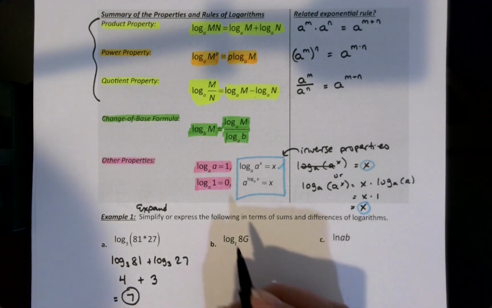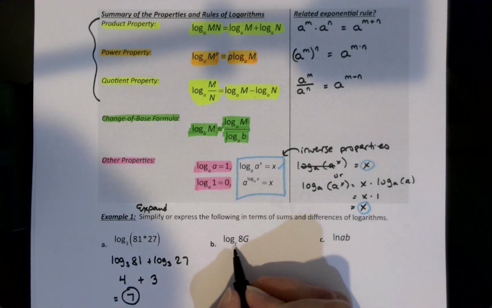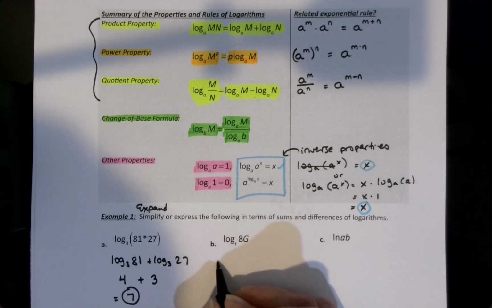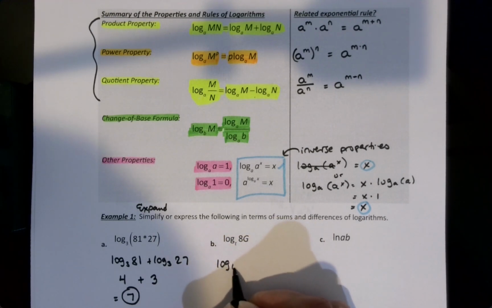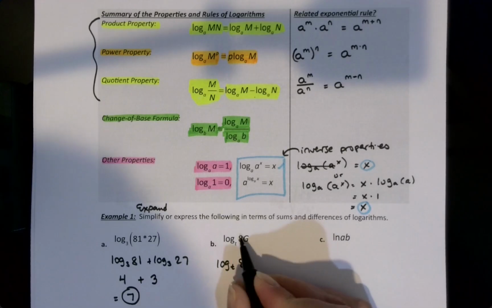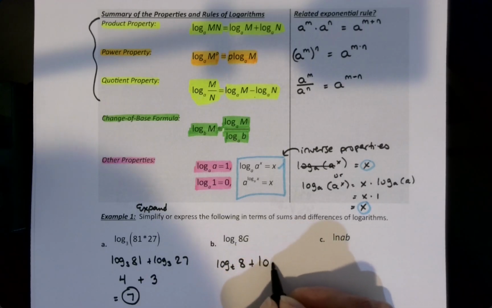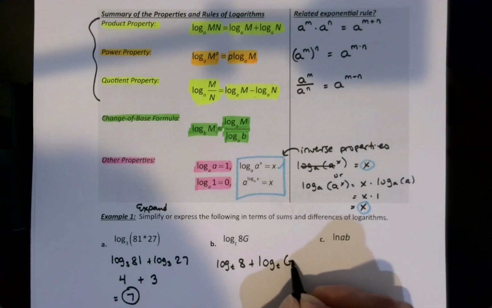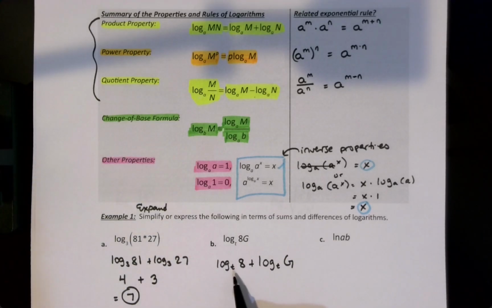Okay, in the next one, I have t as the base, so I separate this product to log base t of 8 plus log base t of g. Since I don't have a number for t, I'm not going to be able to evaluate log base t of 8.